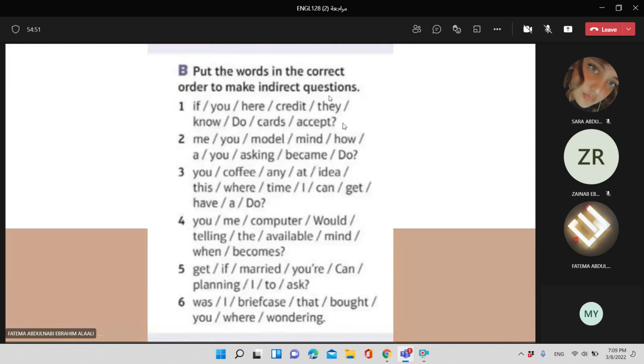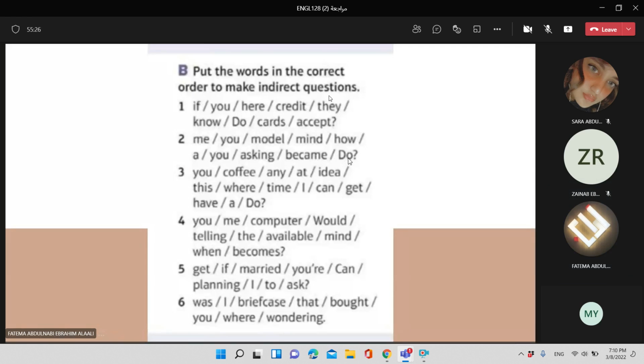So we'll start with: do you know if they accept credit cards here? Okay, then we put the question mark. We don't add or change anything, we just arrange the question.